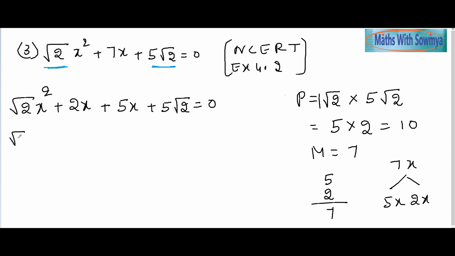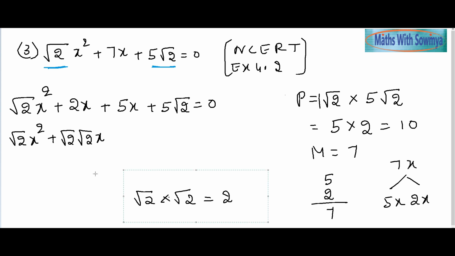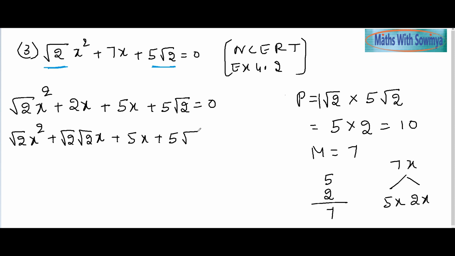So what we can do, 2 can be written as root 2 into root 2. We know that root 2 into root 2 will give you 2. So root of the same number multiplied will give you the whole of that. So 2 you can write as root 2 and root 2, plus 5x plus 5 root 2, equal to 0.